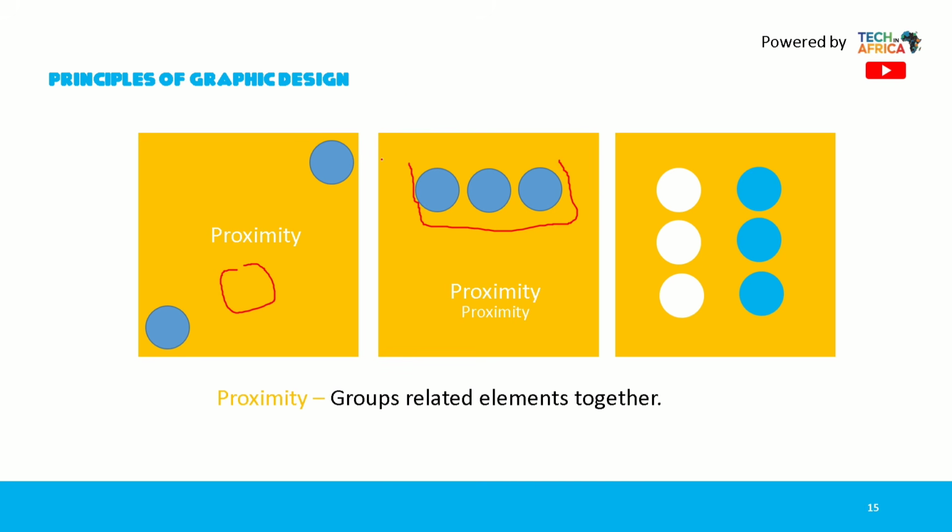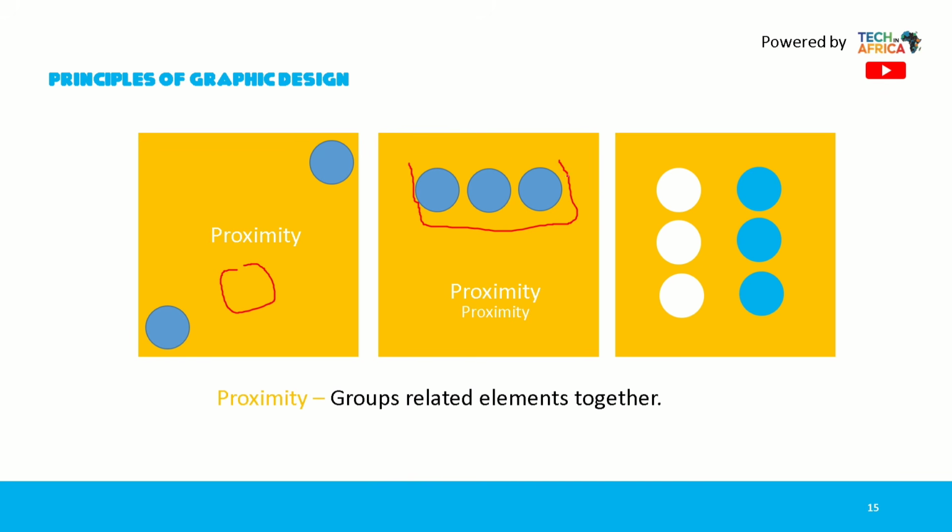Let's put the colors aside for the fact that they have the same color. In terms of their distancing and how they relate, you might disagree with me that they're not related. But when I put them at the edges over here, it shows that they are connected in a way.